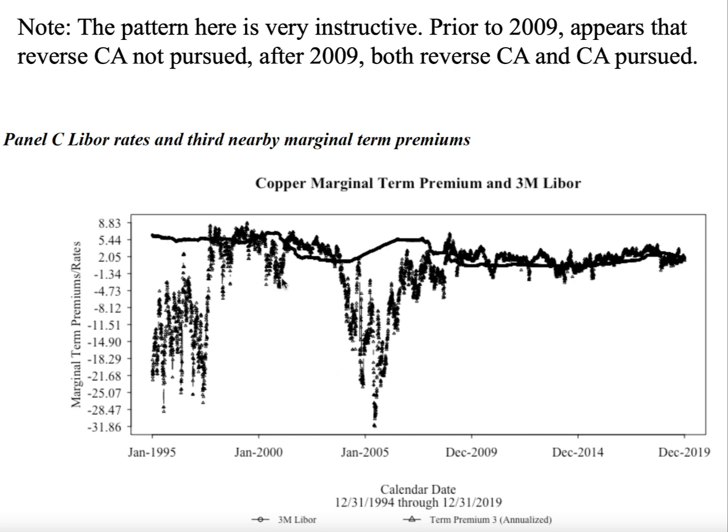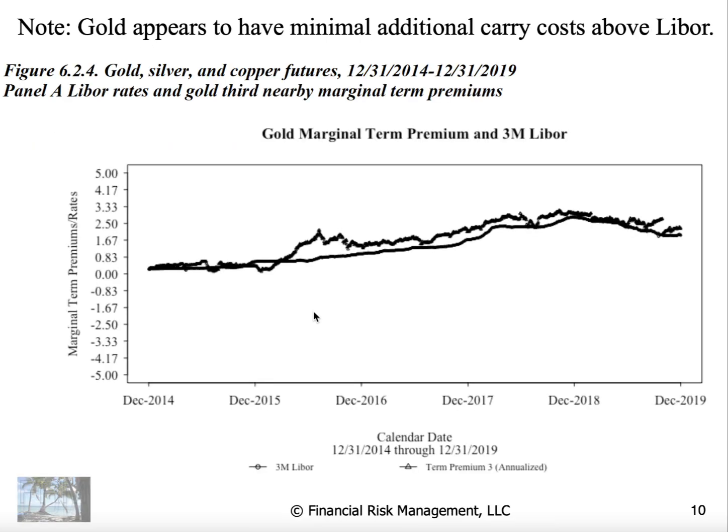But outside of that, it appears as if somebody is paying attention to the carry arbitrage transaction, and therefore the market doesn't get too far disrupted in the relationship between the second nearby and third nearby, with the third nearby being significantly higher. So the copper market maybe now has arbitrageurs willing to do both sides of the trade, and we may never observe this again, but it's an open empirical question.